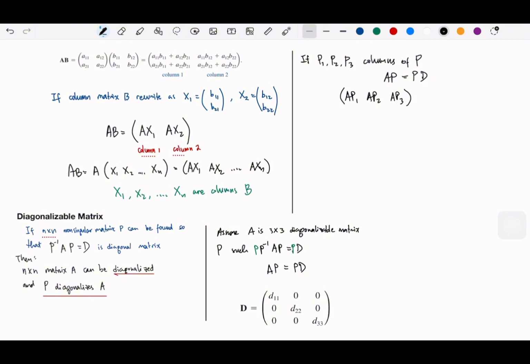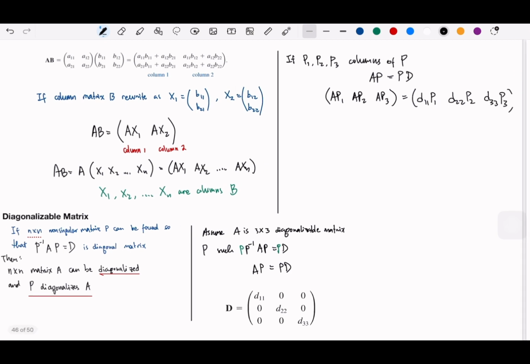So that is how we can write that. And the right side of the equation will be the diagonal, D1 P1, D2 P2 and D3 P3.